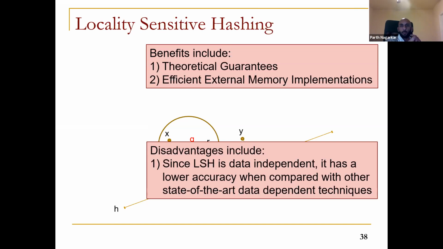So for security applications where you don't want to risk loss of accuracy, or applications like that, LSH is really useful.